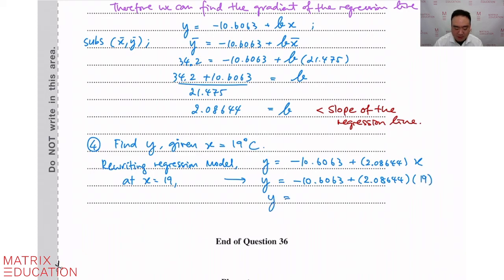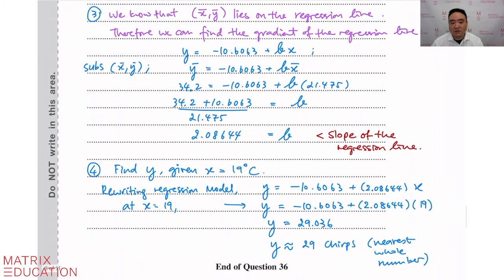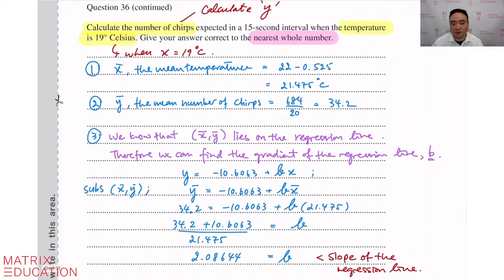And y is 29.036, which means y is approximately 29 chirps to the nearest whole number. And so that's how we can structure this last question for the number of chirps.